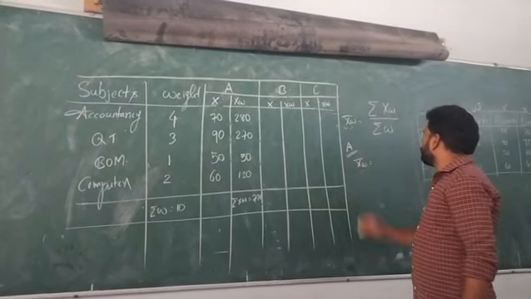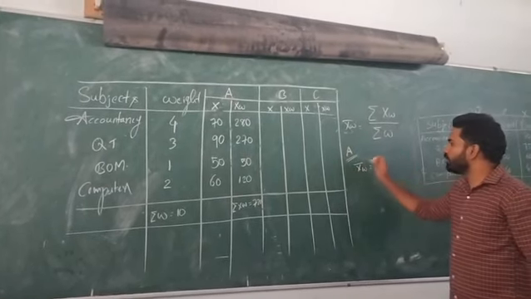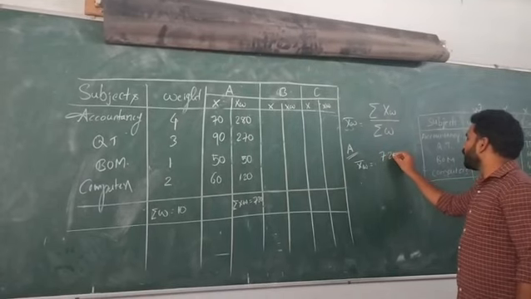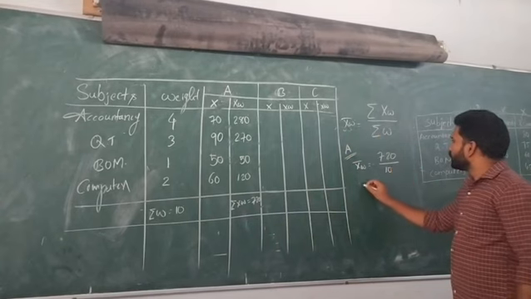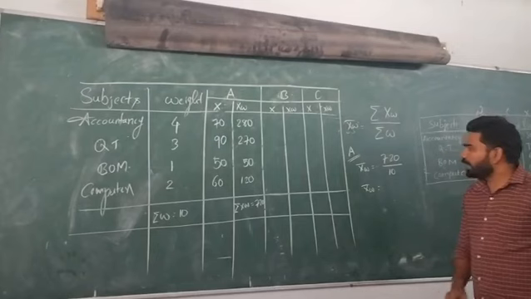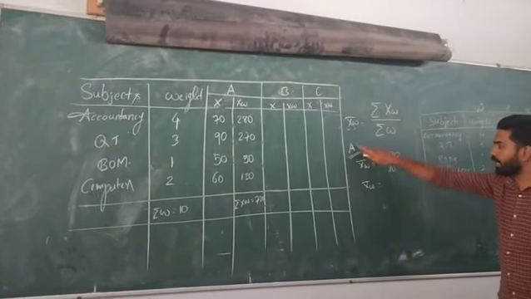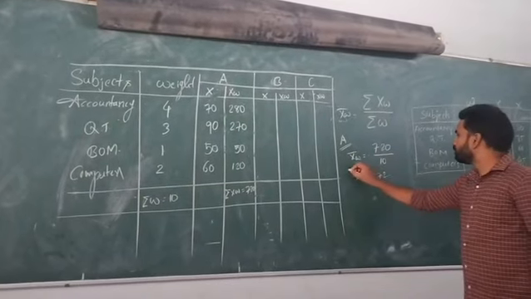Weighted mean equals sigma XW divided by sigma W: sigma XW value is 720, total weightage is 10. The weighted mean of student A is 72.